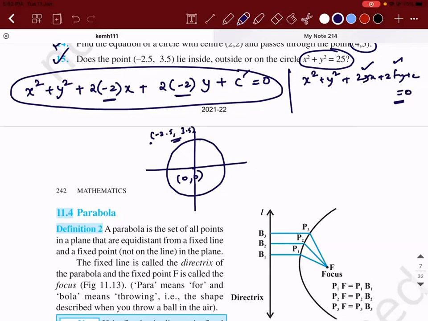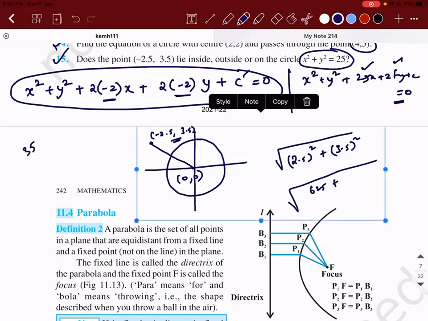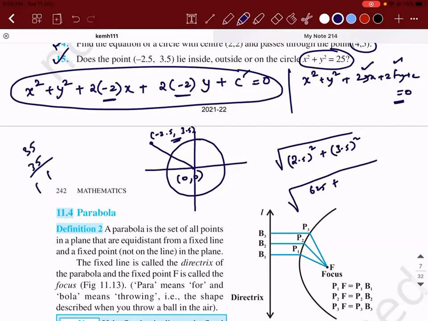If you calculate the distance of this point from the center, how much are you getting? Root of 2.5 the whole square plus 3.5 the whole square. So 2.5 I will write as 25, and 25 square is 625. 35 square is how much, sir? 1225. 1225 divided by 10 square, which is 100.